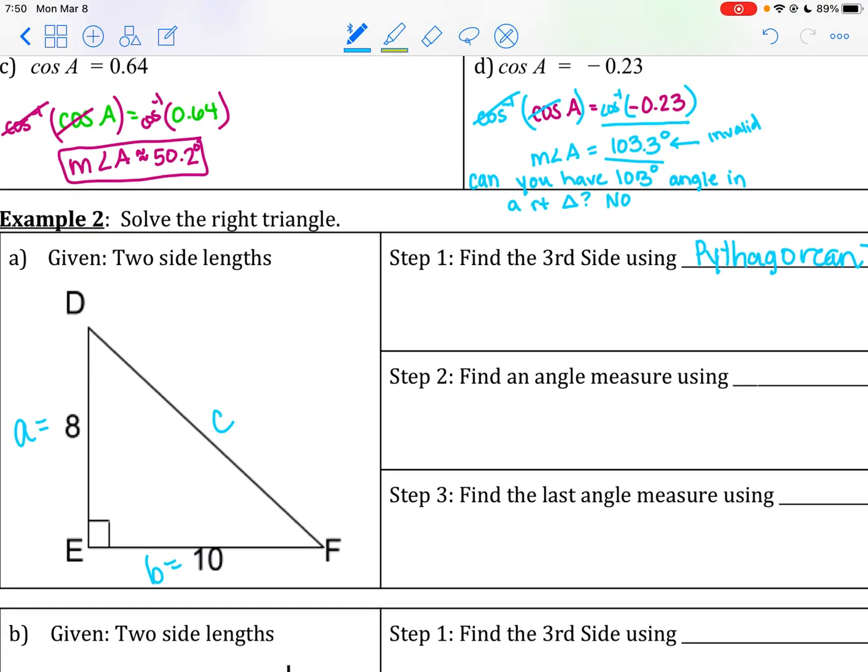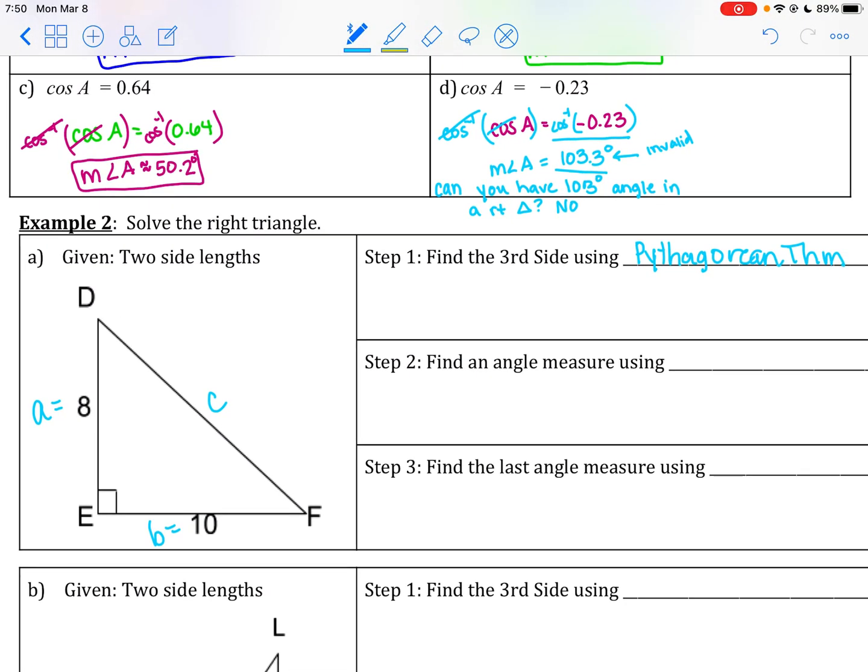So when I plug these in, let me get rid of my calculator for a second. When I plug these in, that's going to say 8 squared plus 10 squared equals c squared. So if I keep going, 64 plus 100 equals c squared. And so to find the value of c, I need to take the square root.